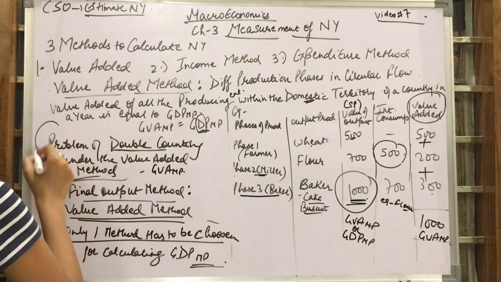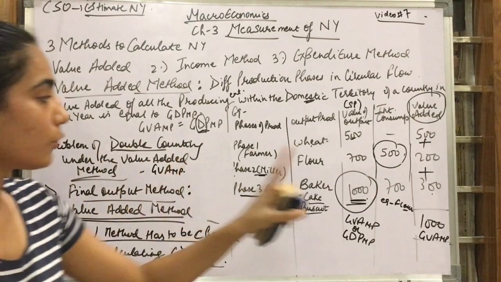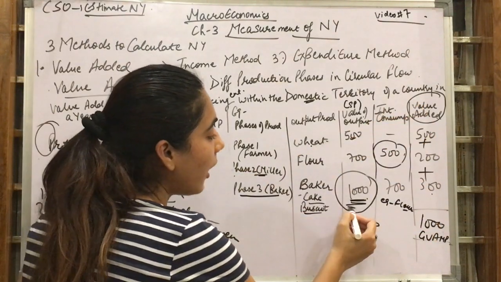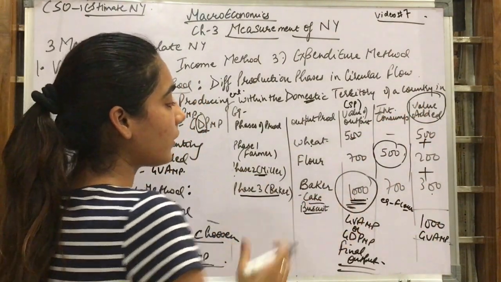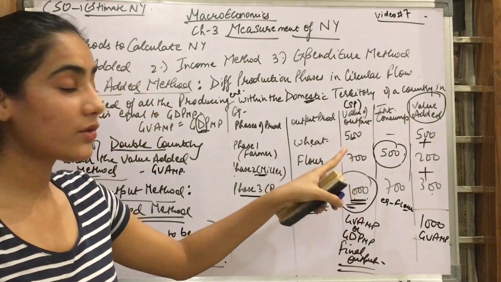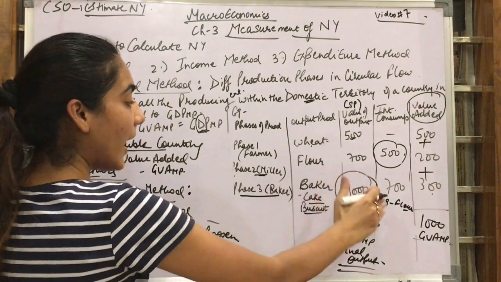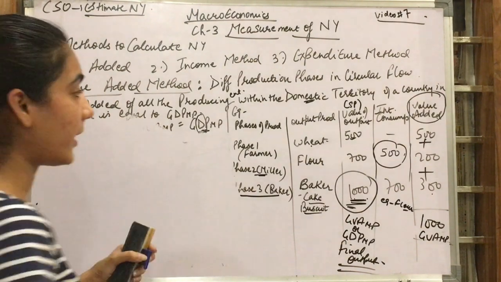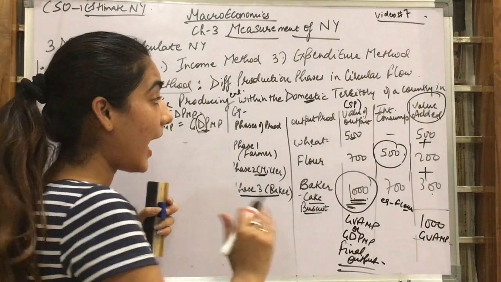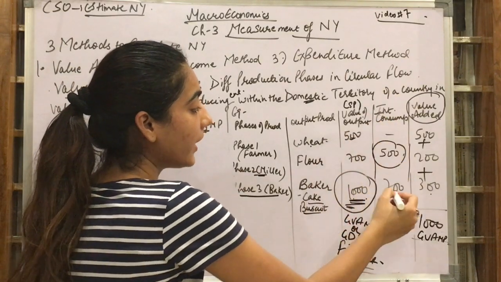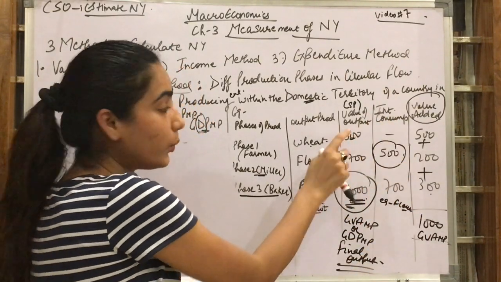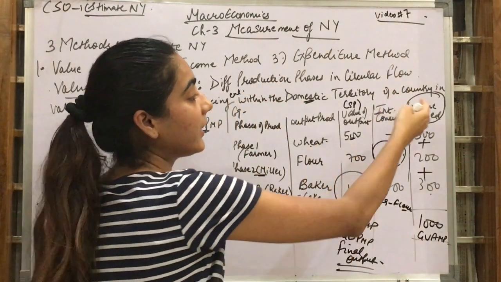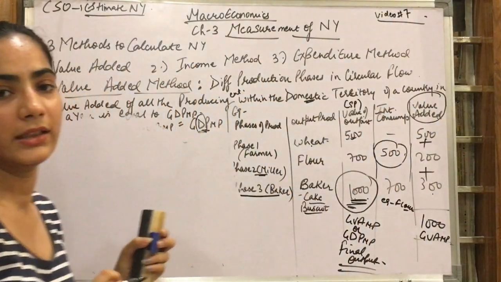So to come out of this problem, you have to choose only one method, either the value added method or the final output method. The price at which the final good has been sold is 1000. So this is the gross value added at the market price. Now, every enterprise adds the cost of the intermediate good in its value of output, with the help of which we can calculate value added.